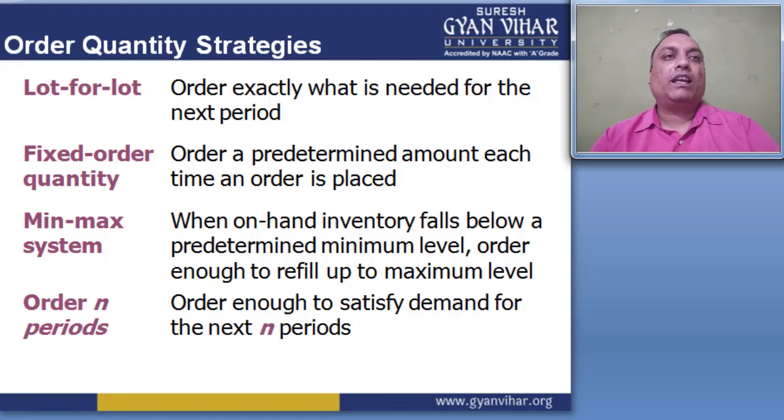For the minimax system, when on hand inventory falls below a predetermined minimum level, order enough to refill up to the maximum level. So this is the minimax system. And the order n periods. This is to order enough to satisfy demand for the next n periods. So this is the order of n periods. So next we think about this.